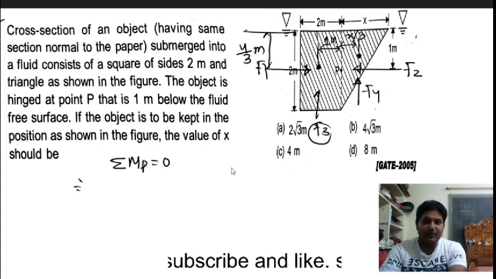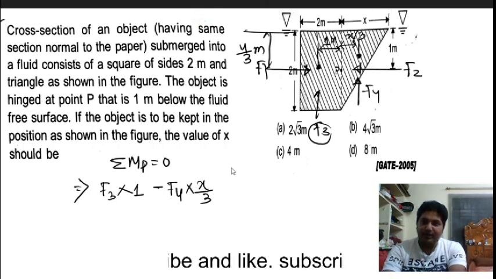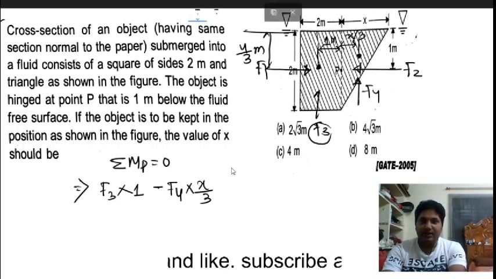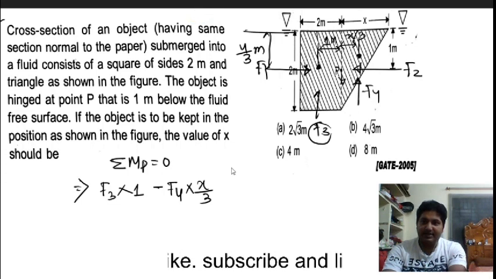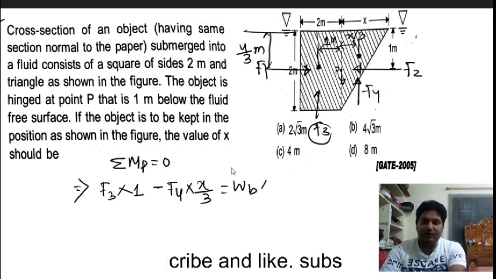So F3 into this perpendicular distance 1, minus the anti-clockwise moment F4 into x by 3. The self weight of the body is acting on this axis, so there will be no lever arm, so it is the self weight of the body into 0.